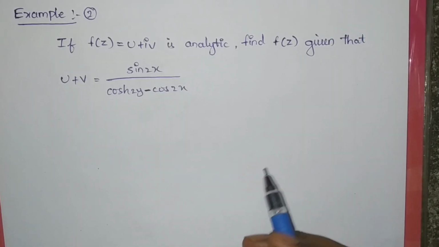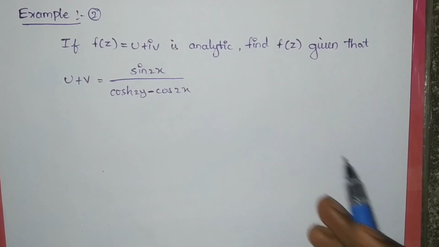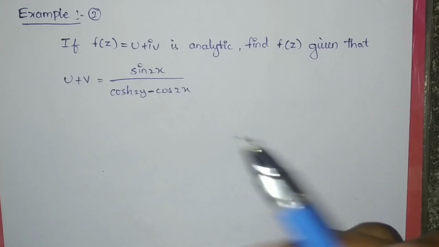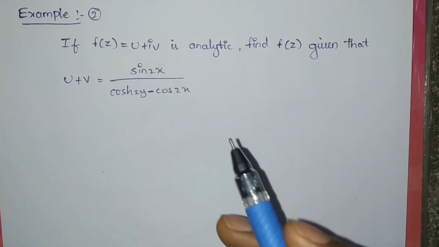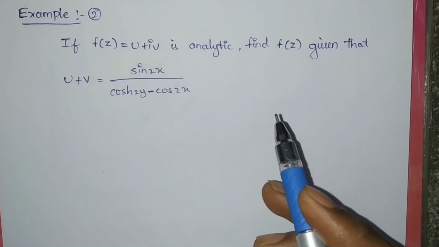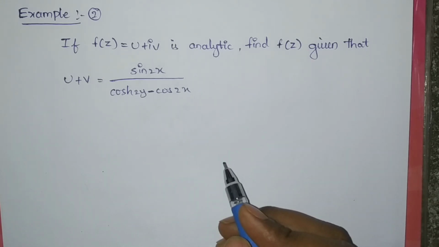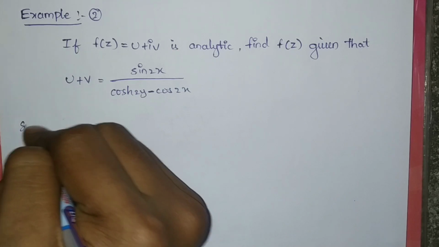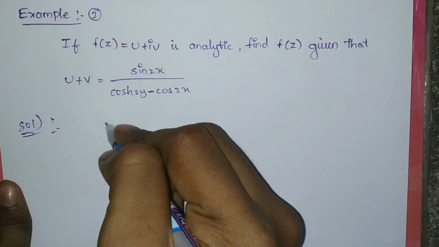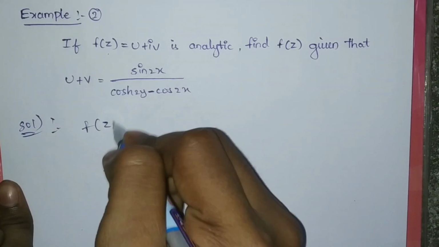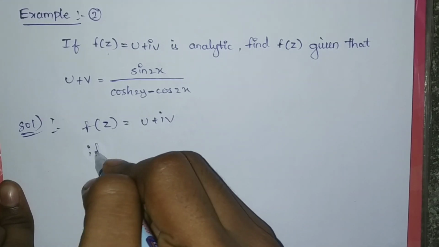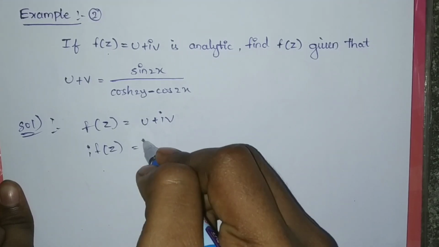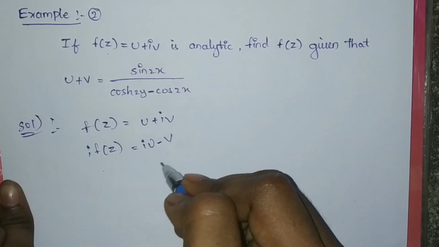If you have seen the first example, you can understand the second example very simply. In the first example, the real part is given, and in the second example, the imaginary part is given. This is the only difference in these both examples. So if you see the solution, given f of z equals u plus iv, i into f of z equals i into u minus v.